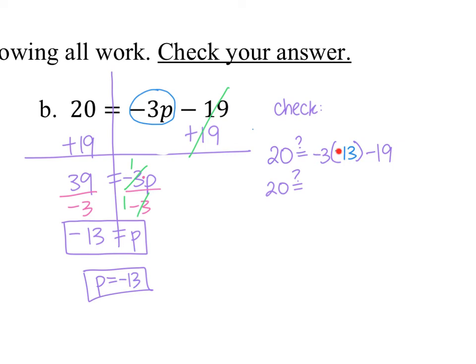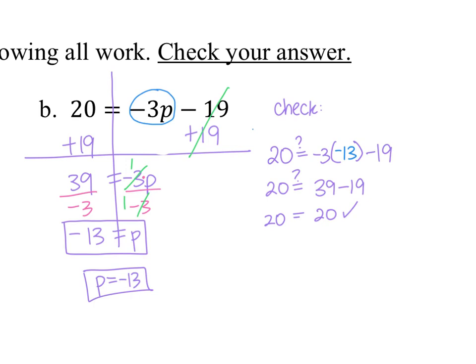But a negative times a negative will end up as a positive. And 3 times 13 is 39. So this is a positive 39. And we still have to write that minus 19 because we haven't done it yet. And then we can simplify that. 39 minus 19 is indeed 20. 20 equals 20. So we just confirmed that our answer of p equals negative 13 is correct.